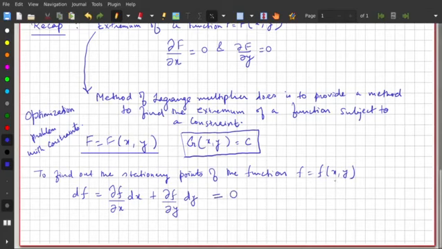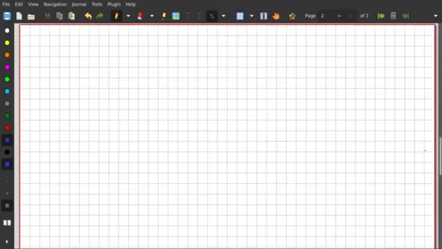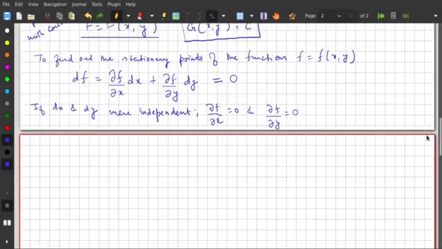That is the condition we are looking for. If dx and dy were independent, then for this to be satisfied, partial f partial x has to go to 0 and partial f partial y has to go to 0 individually. From basic calculus we understand that the first partial derivative should go to 0.